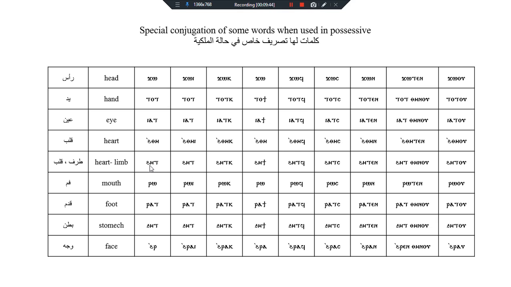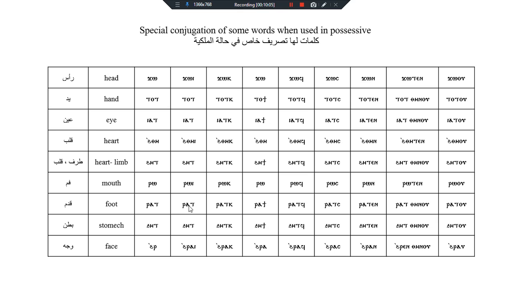Heat means heart or limb. Heat, heatik, heati, heatf, heats, heatin, heatsino, heatu. Mouth means ro. Ro, rok, ro, rof, ros, ron, roten, rou.